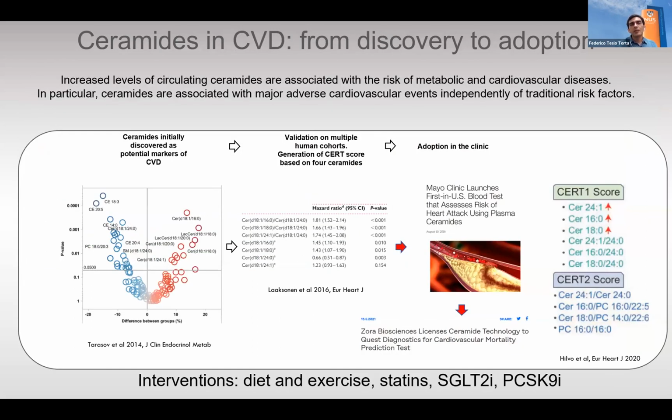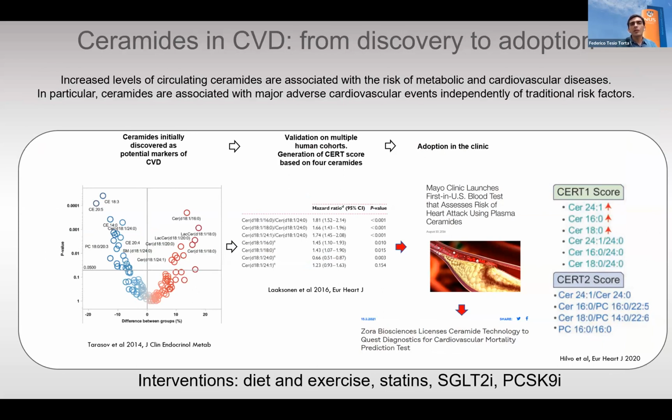But how do we know that the ceramides are risk markers for cardiovascular diseases? Most of the initial work was done by Zora Biosciences in Finland. It started with a purely untargeted lipidomic analysis that revealed how certain ceramides were associated with the risk of cardiovascular events.